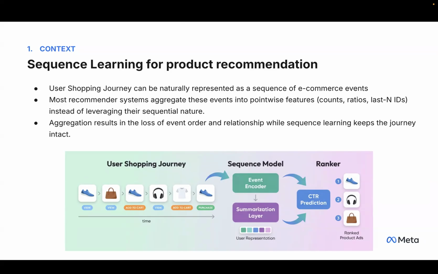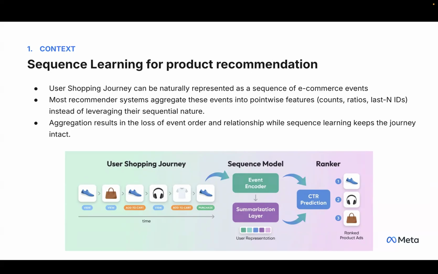However, the user shopping journey can actually be represented by a sequence of events where we could track what kind of products the user saw in the past, what kind of products they started to purchase but maybe didn't finish purchasing. And all of these events are tracked over time.